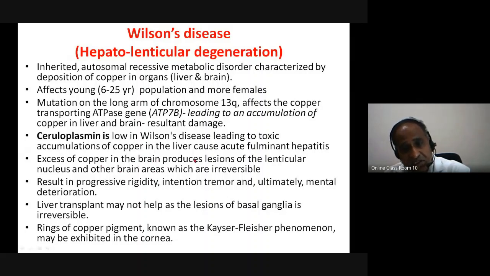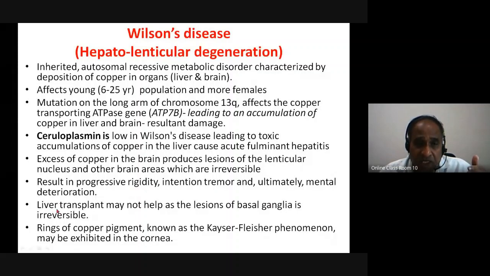And these lesions of the basal ganglia are irreversible. This results in progressive rigidity, intention tremor, and ultimately mental deterioration. Mental deterioration may be due to other pathways, because it is not only the pathways of the basal ganglia.